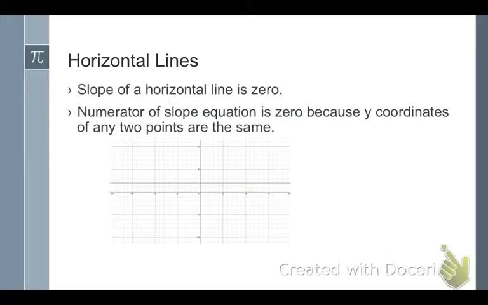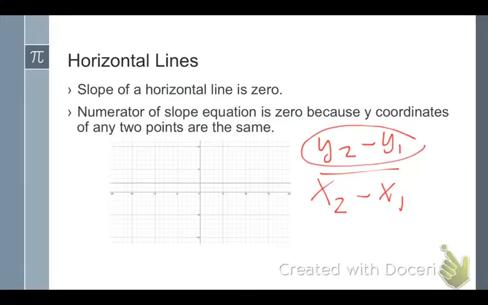The slope of a horizontal line is said to be 0. This is because the y coordinates of any two points are the same, so when I apply my slope formula, y2 minus y1 over x2 minus x1, I subtract two numbers that are the same on the top, I will get 0, and the x's will be different, so I will get 0 over some number. 0 divided by a number is 0.